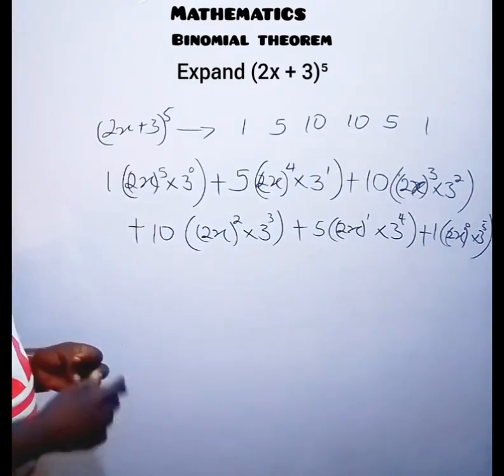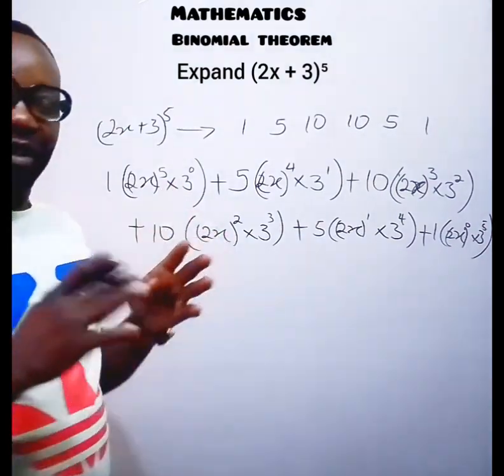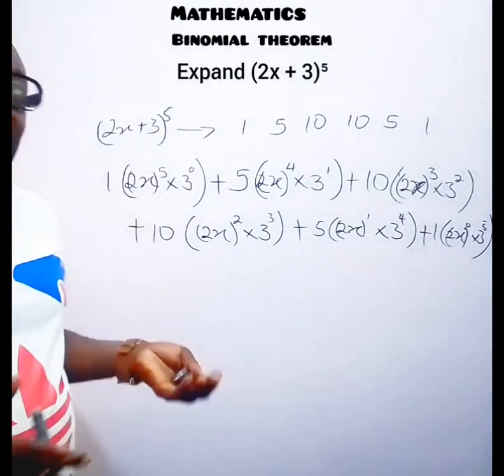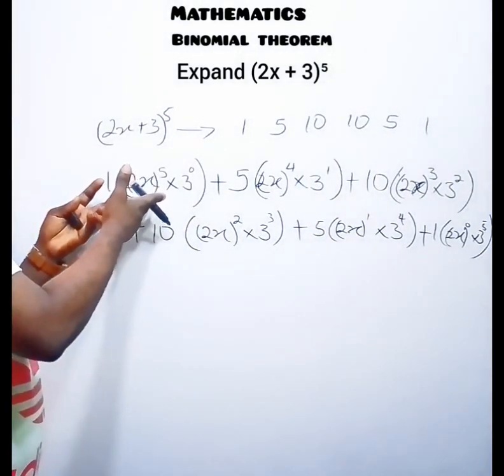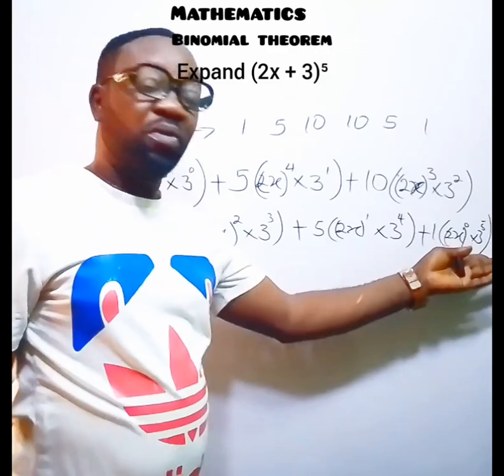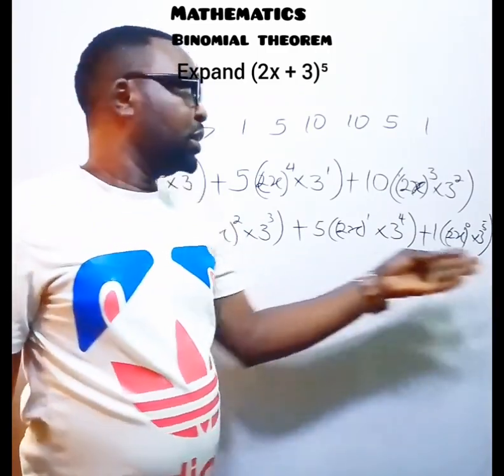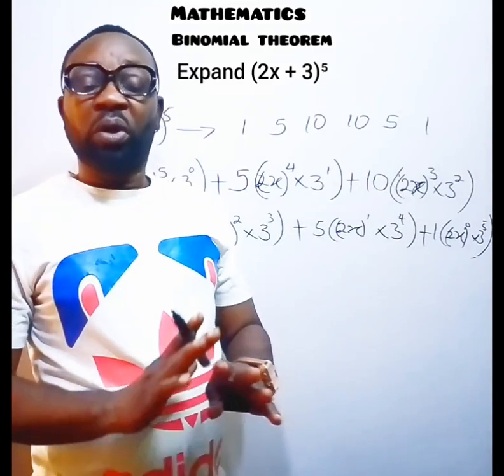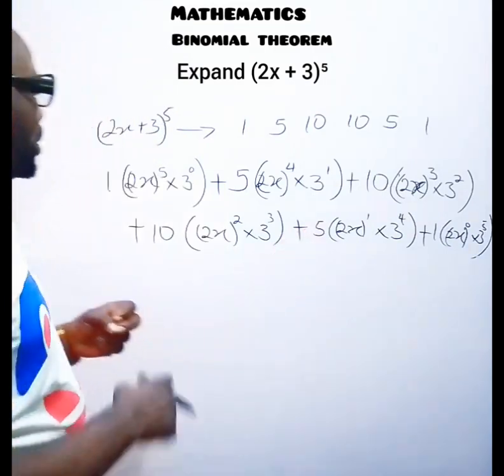In other words, most of the time, the first term here will just be the value of the first term, and the last term will be the value of the second term. That is what this expression always gives us. So take note of that.